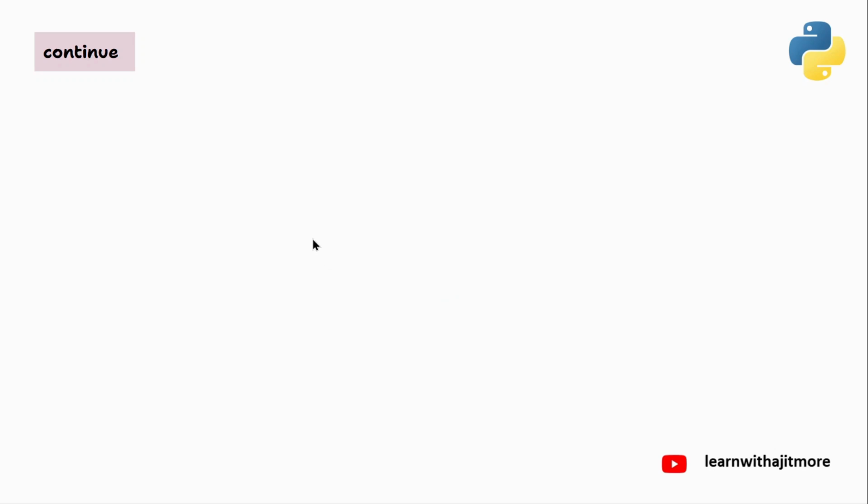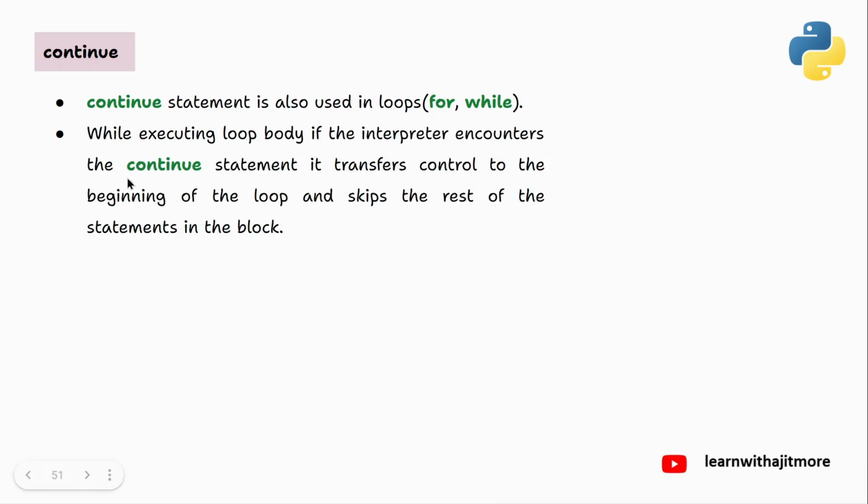The basic functionality is clear. So the continue statement is also to be used in loops, for loop and while loop. While executing the loop body, if the interpreter encounters a continue statement, it transfers control to the beginning.